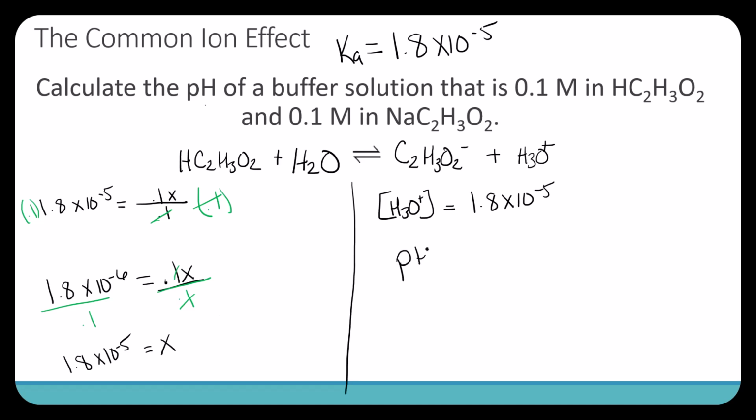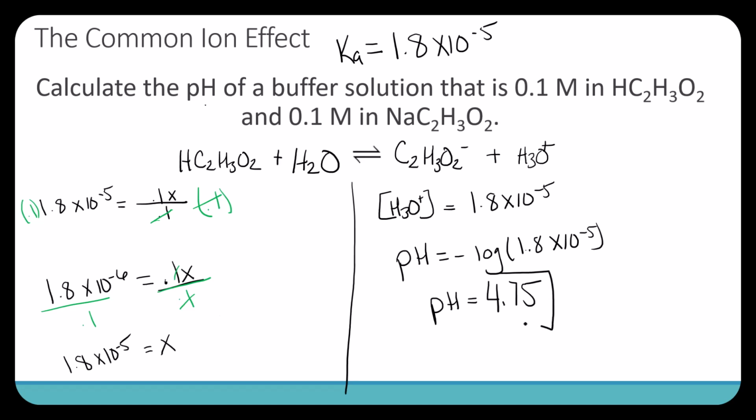So pH is just the negative log of that. Negative log of 1.8 times 10 to the negative fifth. We get 4.75.